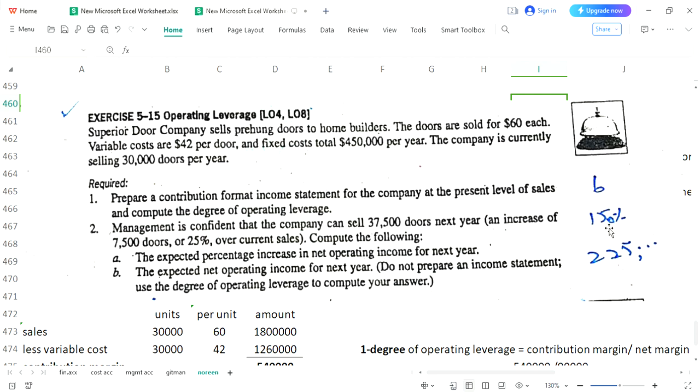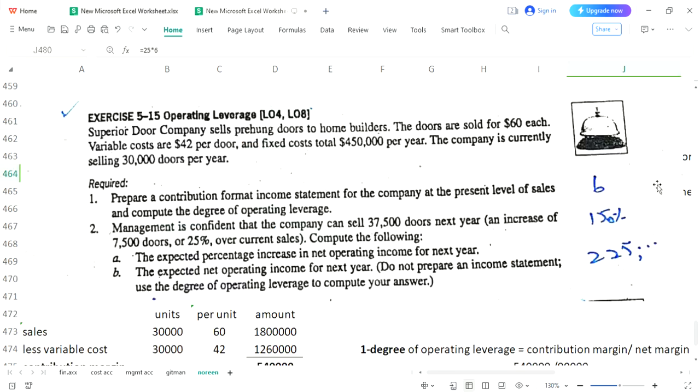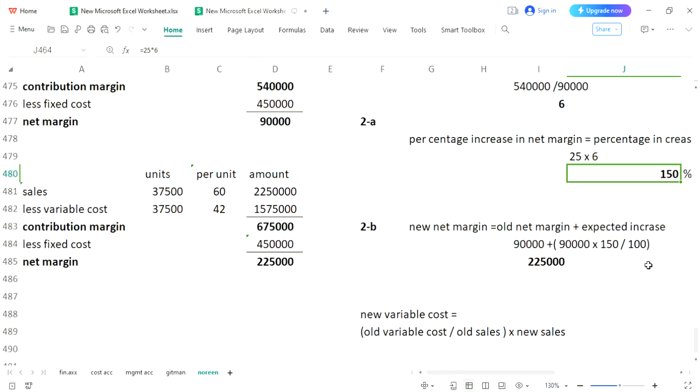So it is suggested to you as well, when you complete your question in an exam paper, don't hand over your paper directly to your examiner. Please review your questions, review your answers instead of instantly providing your paper to the examiner. Second answer was 150%, and you can see we have the second A answer, and that is 150%. And then the third answer, 2B, 2 lakh 25,000, we have calculated over here.